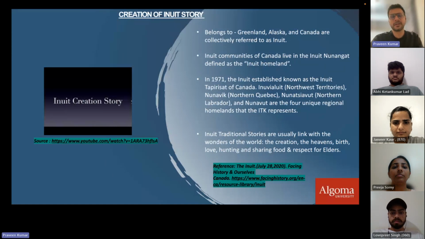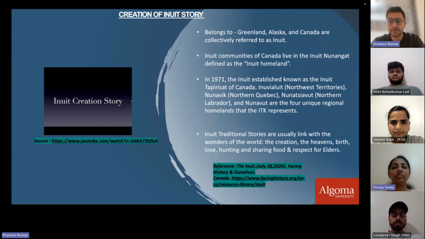So first of all, we have the creation of the Inuit story. It's basically from 1971, where it's established in Canada, and you can say it's a traditional story usually linked with the wonder of worlds, which I already mentioned. The term Inuit refers broadly to the Arctic indigenous population of Alaska, Canada, and Greenland.